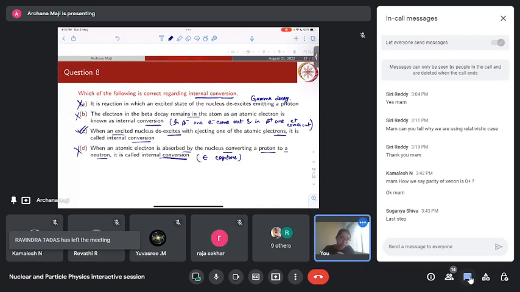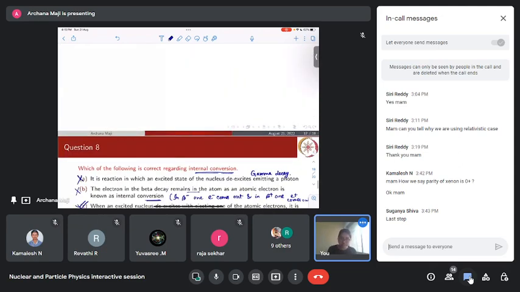Last step of, how do we say, parity of xenon. Okay, that question was answered. Last step, can you tell me for which particular question I should explain the last step? Are you still there?